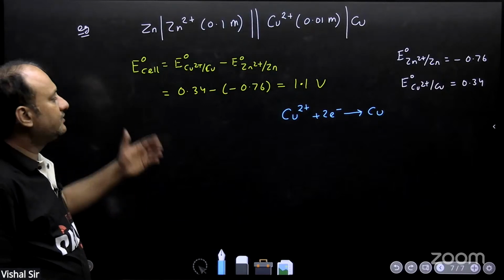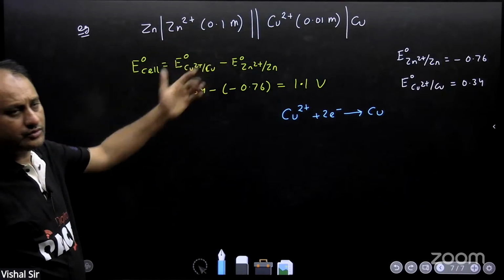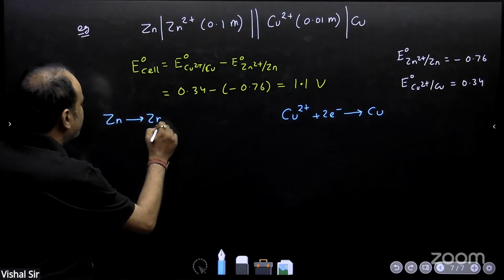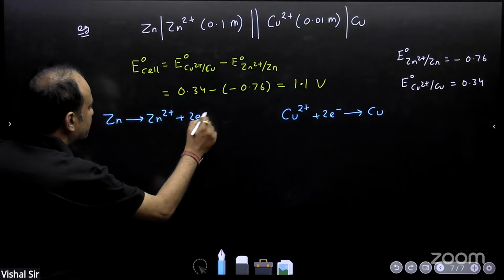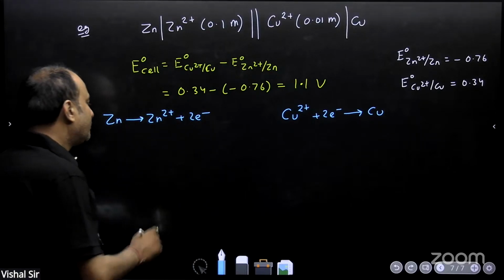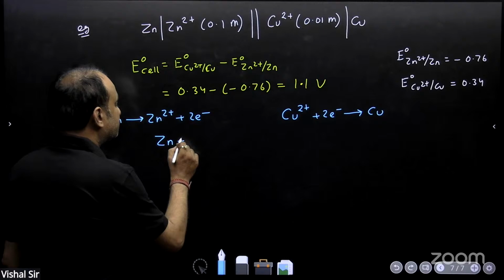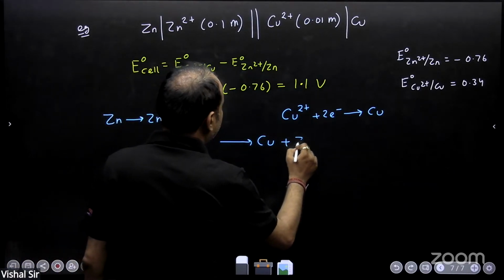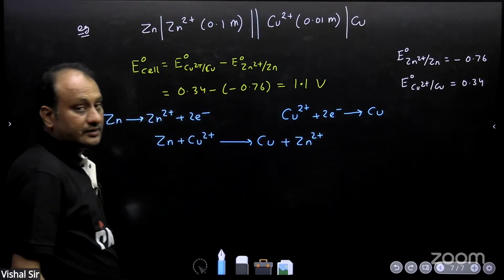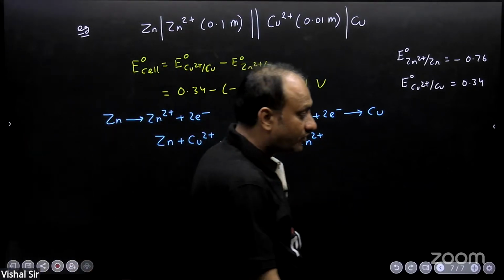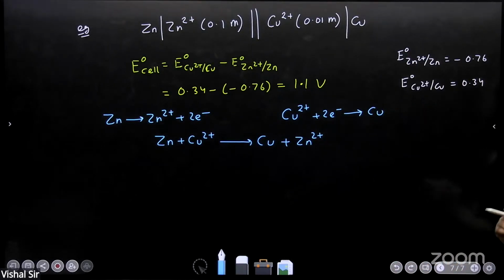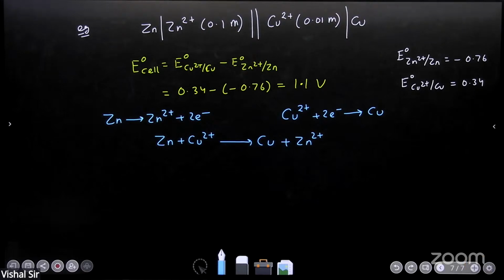Oxidation will be occurring here, from lower oxidation state to higher oxidation state. And hence the overall reaction will be Zn plus Cu2+ goes to Cu plus Zn2+. We can see the electrons involved in both half reactions are 2. So it clearly tells us that the N factor of this reaction is 2.